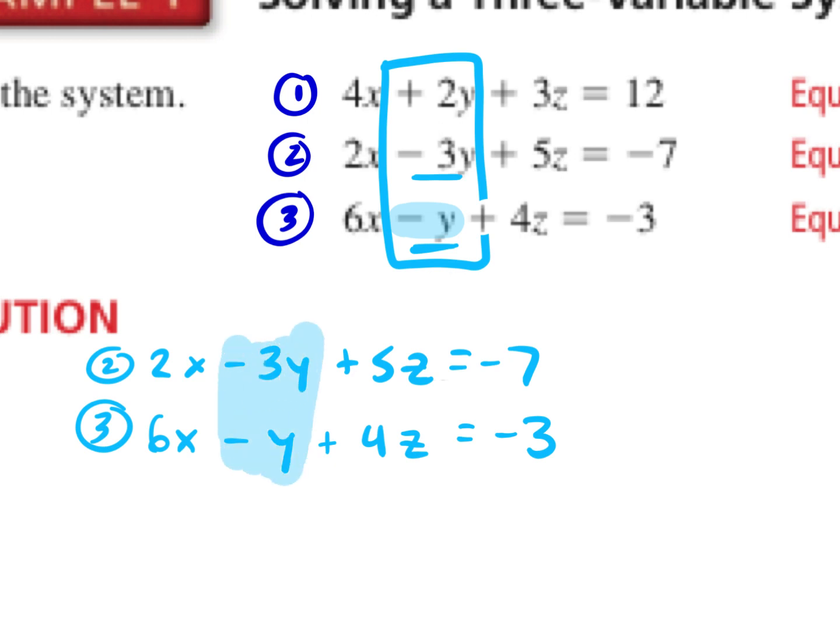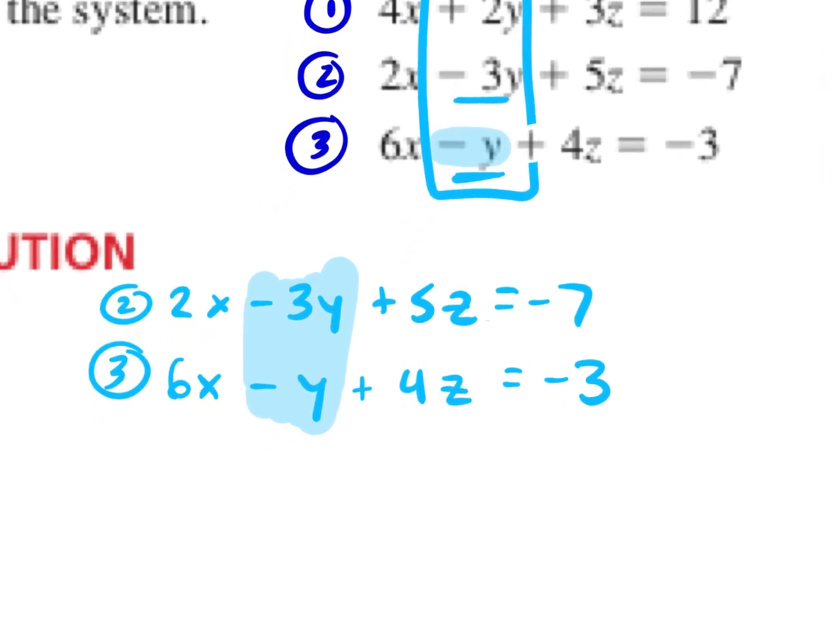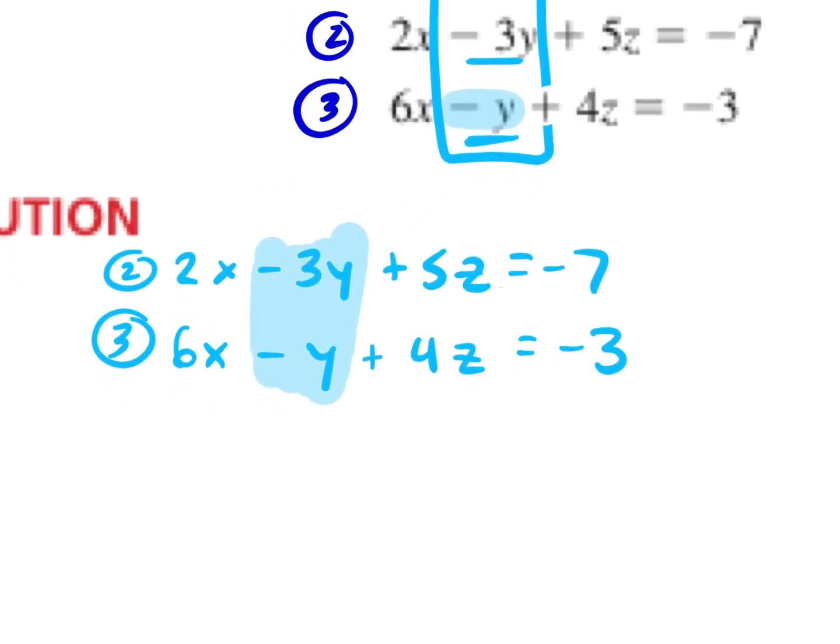What would I need to multiply into which equation to get our y's to cancel? I'm going to multiply by a negative 3 to the second equation to make that a positive 3. Because remember, we want the same number but opposite signs. So I'm going to multiply everything in my second equation by negative 3.